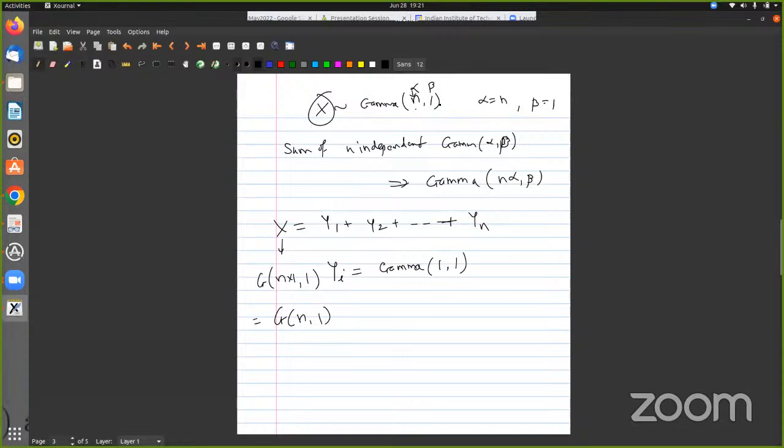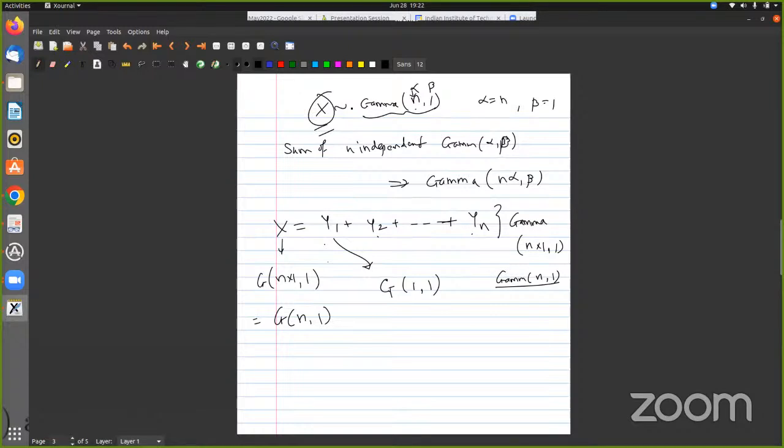So can I write this capital X as Y1 plus Y2 up to Yn, and let's assume that each Yi is Gamma(1, 1)? Then the sum of n gammas is n alpha, beta, so I can write this as Gamma(n, 1), which is given here, which is X.